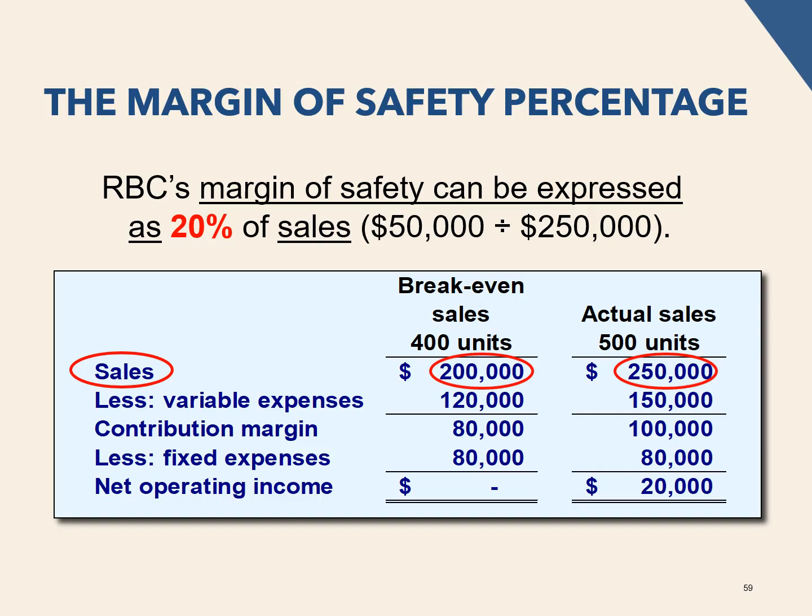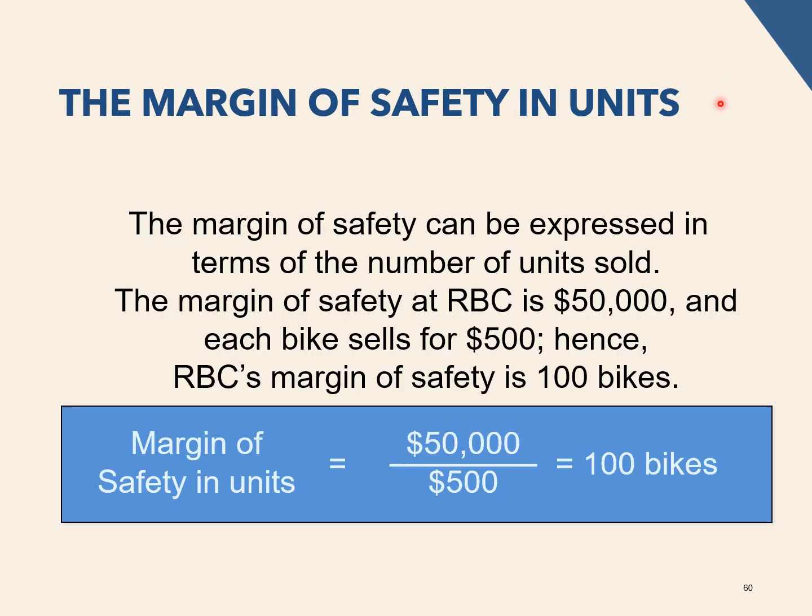Racing Bicycle Company's margin of safety can be expressed as 20% of total sales. The formula is here. You take $50,000 divided by $250,000. That is called the margin of safety percentage. The margin of safety can also be expressed in units.